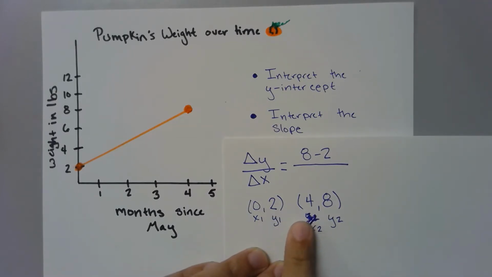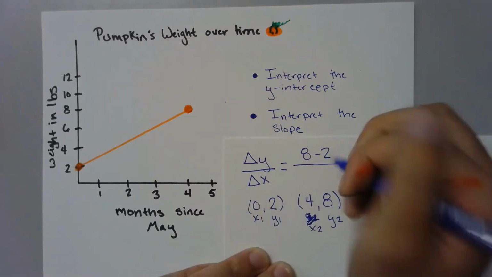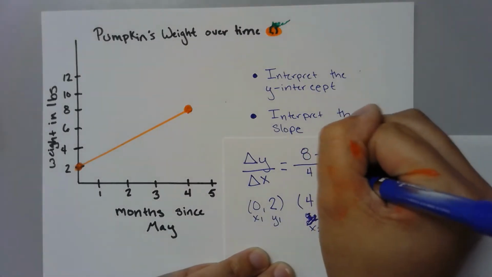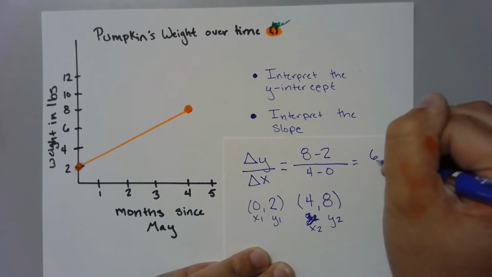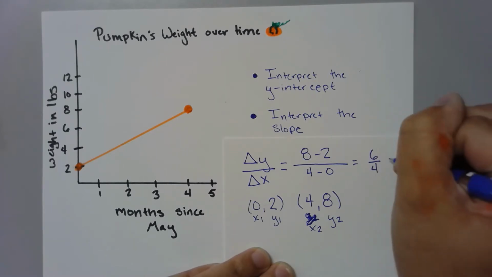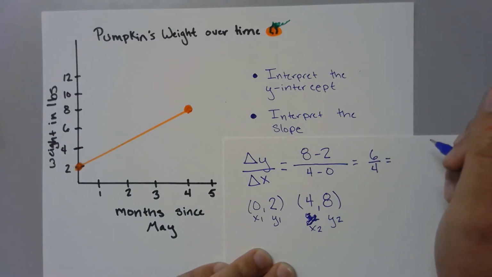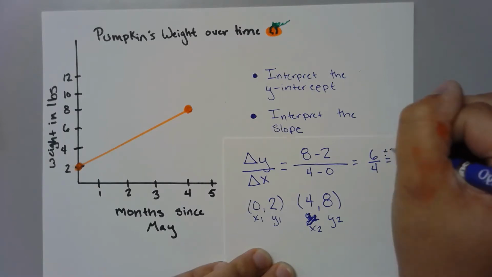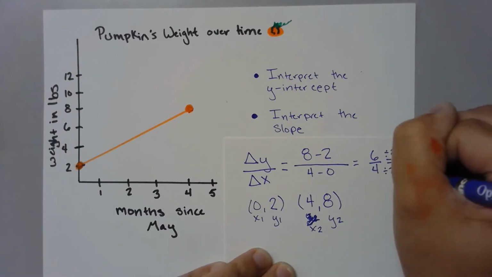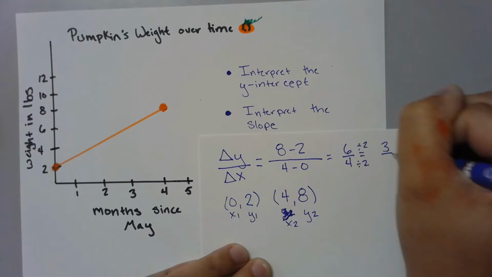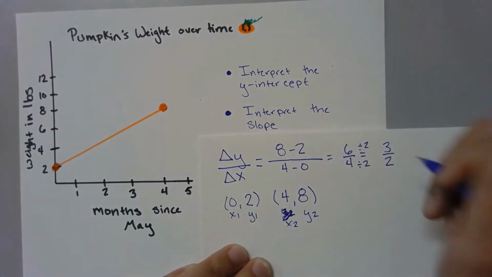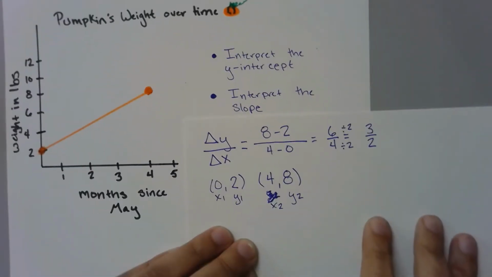And my change in x is going to be determined by subtracting these 2 points. So I get 6 over 4. Well, I can reduce that fraction. Both of these have 2 divide out, to get 3 over 2. So the slope of this function is 3 over 2.